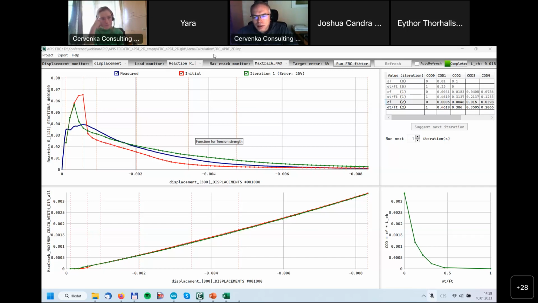Actually, in this experiment, just for clarification, we monitor the max crack opening. We do not monitor the notch opening, so this crack mouth opening, which normally you get from the experiment. But it should not be a big difference, because the maximum crack opening is usually at the bottom.